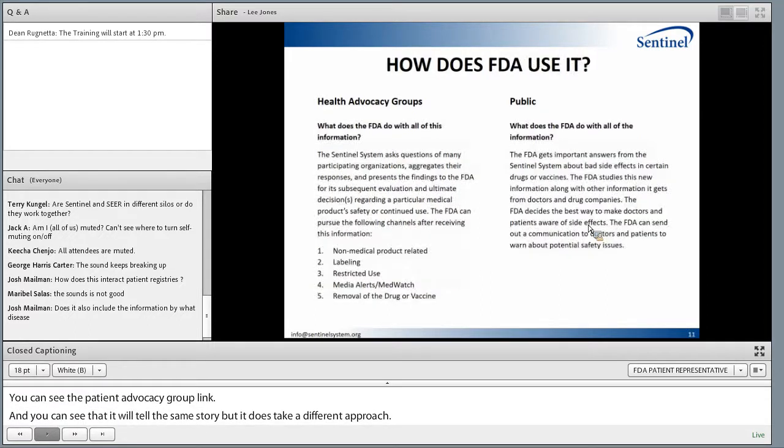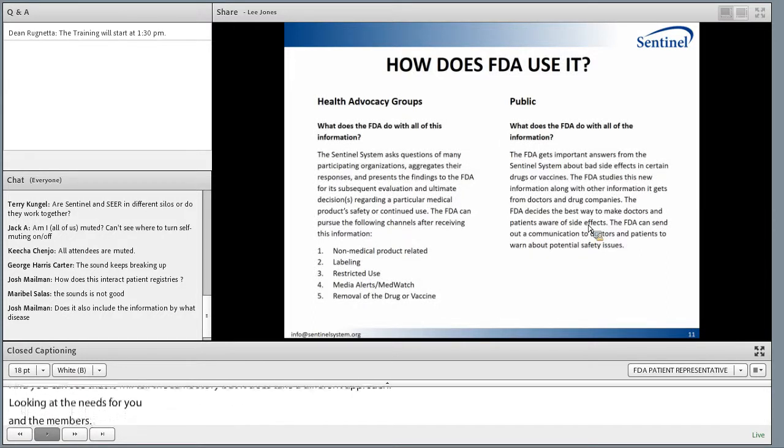Next, we explain how FDA uses this surveillance tool and what it does with this information to help patients. The FDA gets important answers from the Sentinel system about bad side effects in certain drugs or vaccines or other medical products.